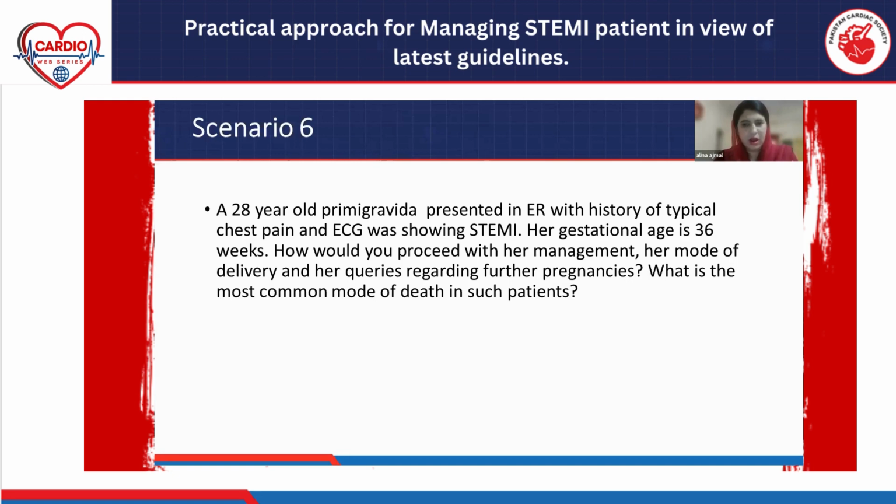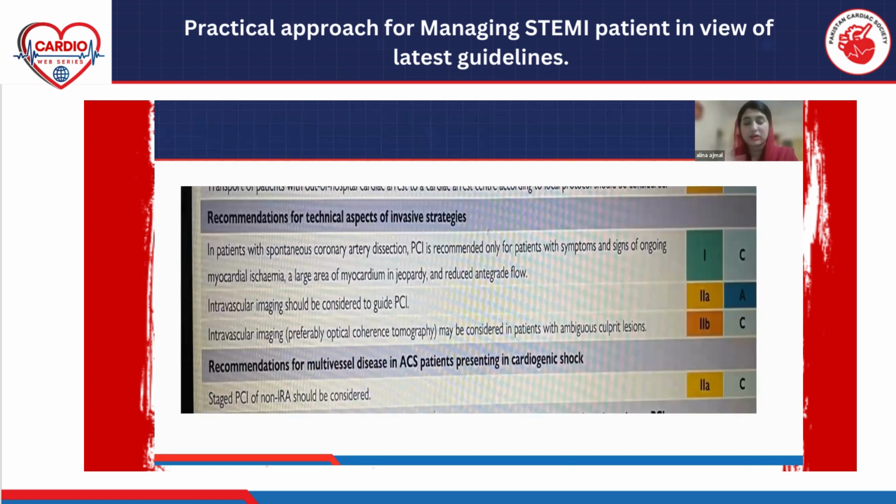How would we deliver her? What should we plan regarding her further pregnancies? What is the most common cause of death in such patients? That question should be known by each and every postgraduate, because they are the first ones who are dealing with it.